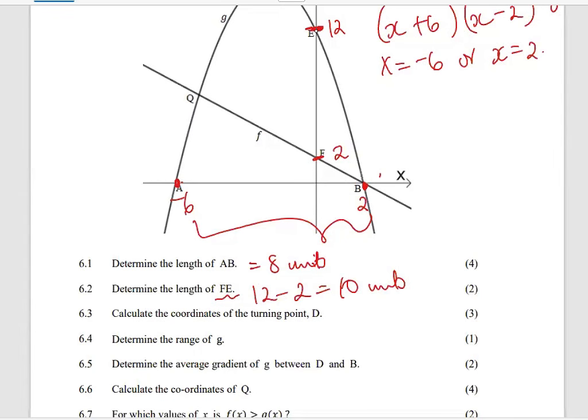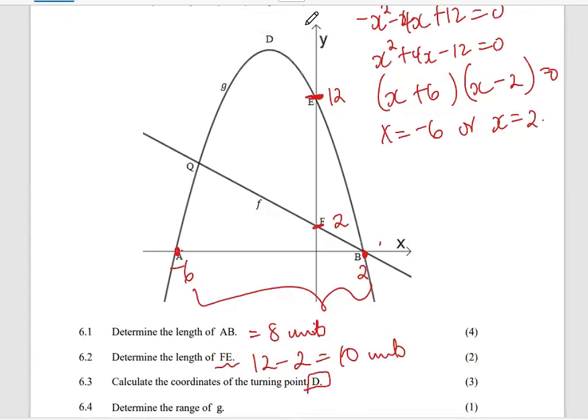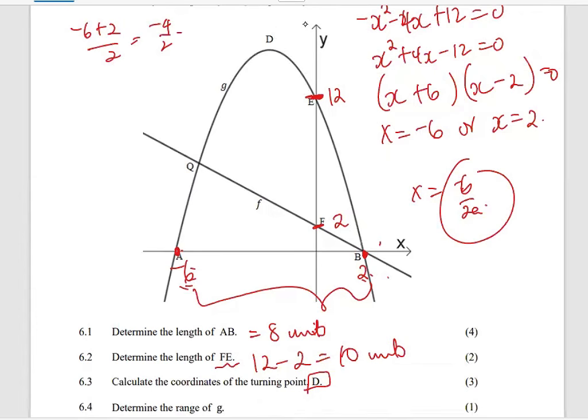And then they want the coordinates of the turning point D. For us to get the coordinates, we can just get the midpoint here, or we can use x is negative b over 2a, either way. If I use the midpoint, that's going to be negative 4 over 2, which is negative 2. So the x here is negative 2.